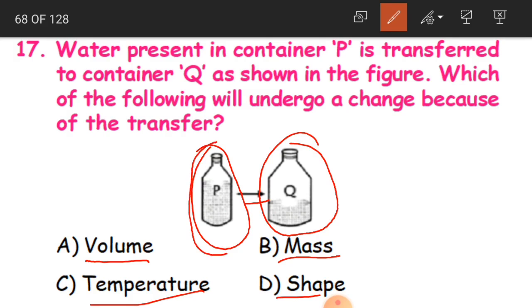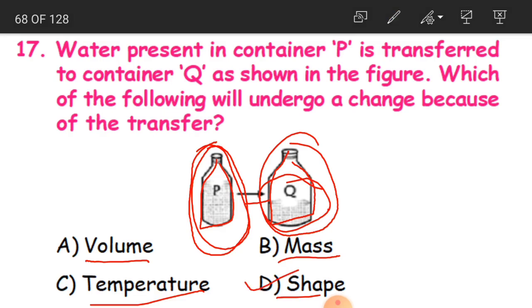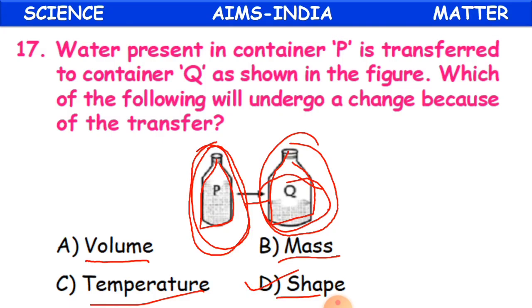When the water was in container P, it had taken the shape of that bottle. When it is transferred into container Q, again water has taken the shape of that bottle. So the change is about the shape. Clear, children? So D is the correct answer.